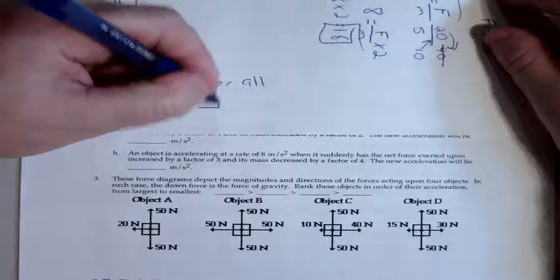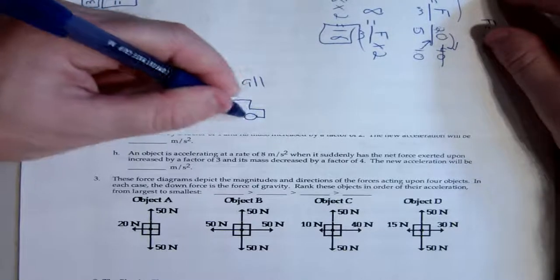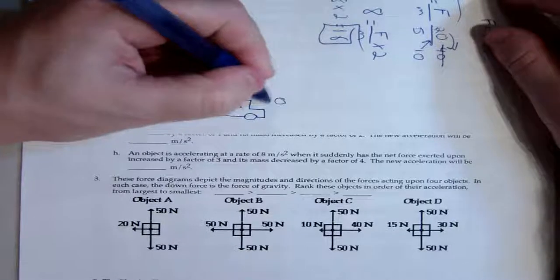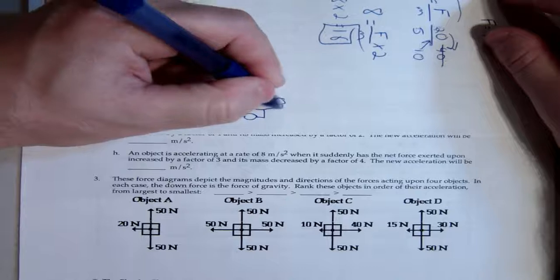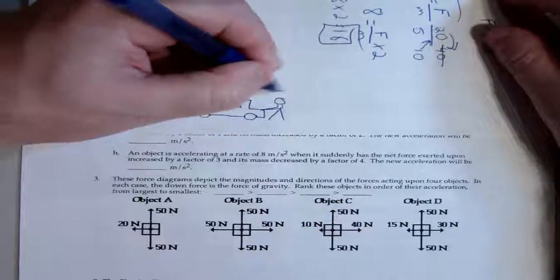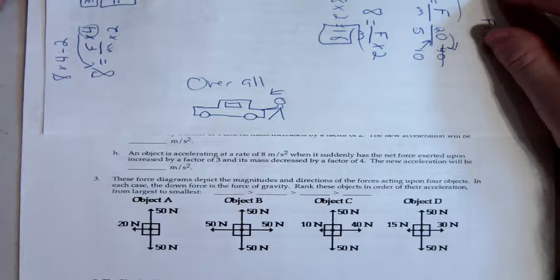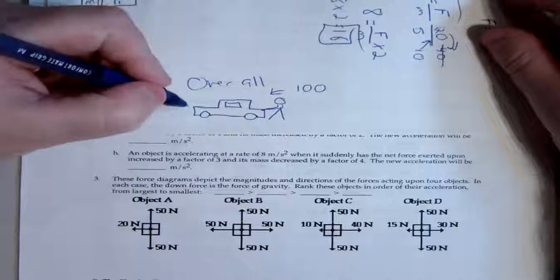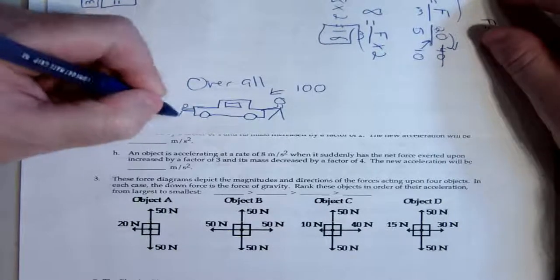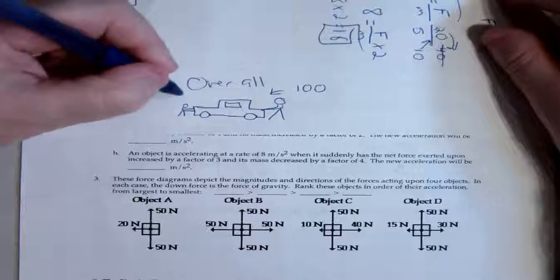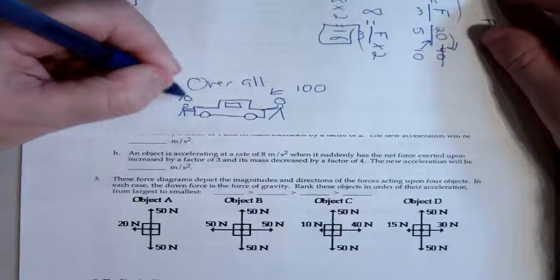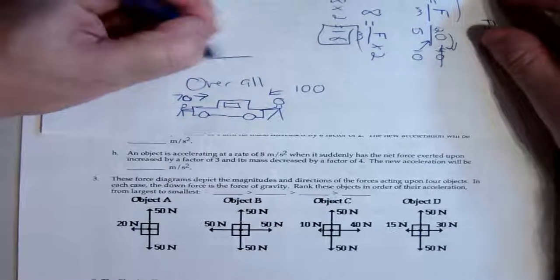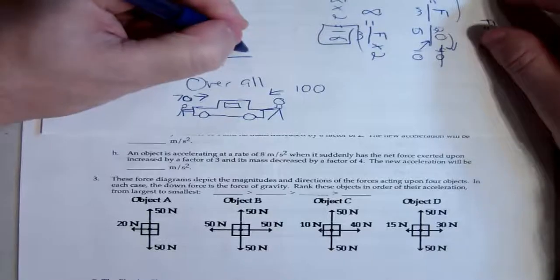So if we have a car here, an awesome car, and Mr. Barris is pushing it this way at a force of, whatever, 100, and someone else is pushing it this way at a force of 70, you know the net force is going to be to the left, and it's going to be 30.